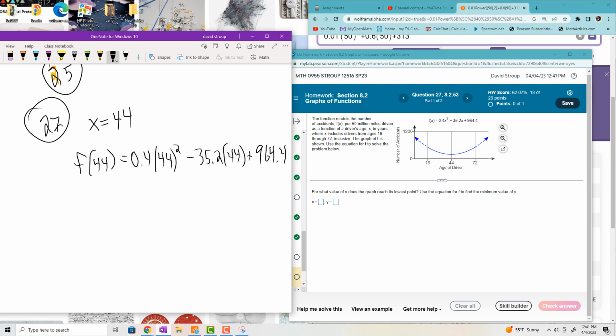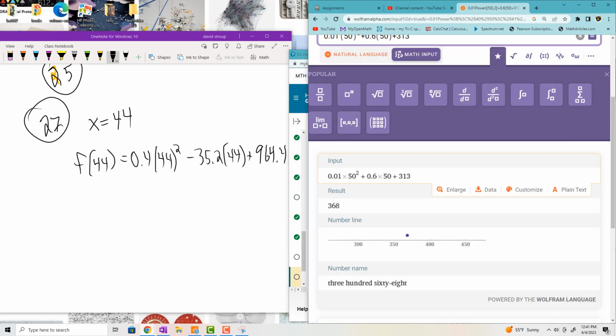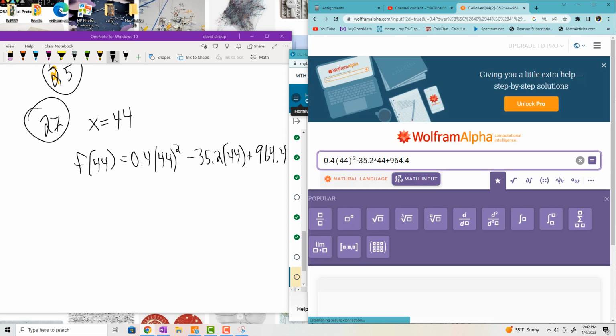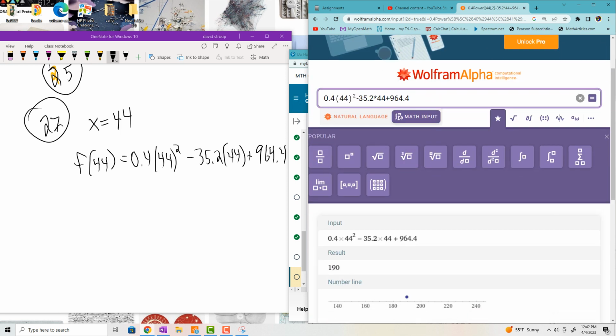So I'll go to my calculator. 0.4 times 44 squared minus 35.2 times 44 plus 964.4, enter, and then 190 it looks like.